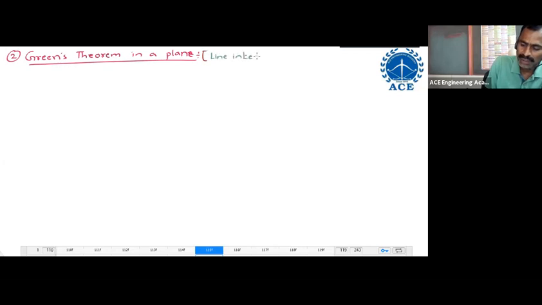Line integral equal to double integral only. The statement of this.